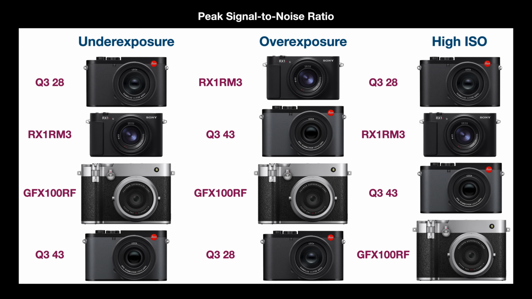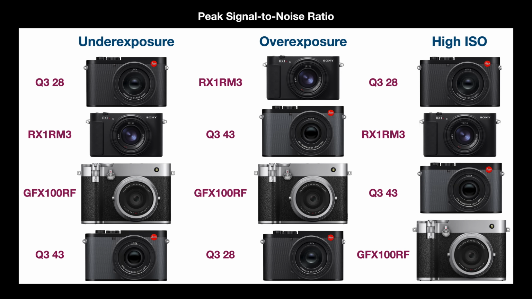And again, as we saw before and also in my previous discussion in the previous video on overexposure, the Q343 is doing better. And rank number 1 here on overexposure is the Sony, then the Q343, then the Fuji, and then the Q328.